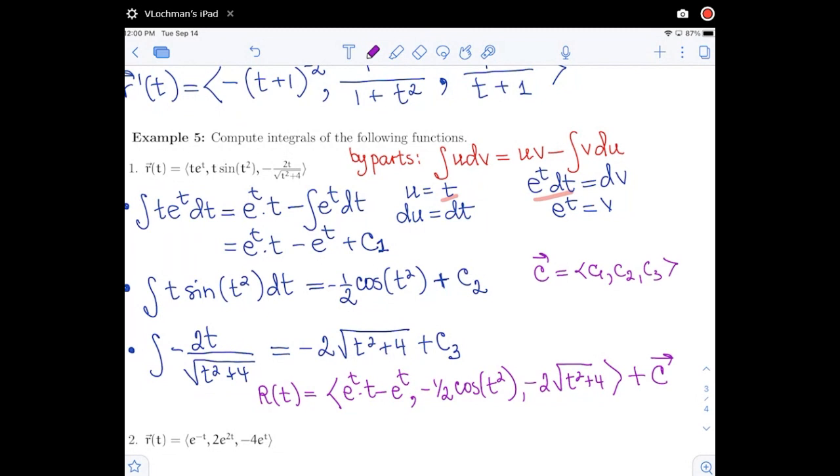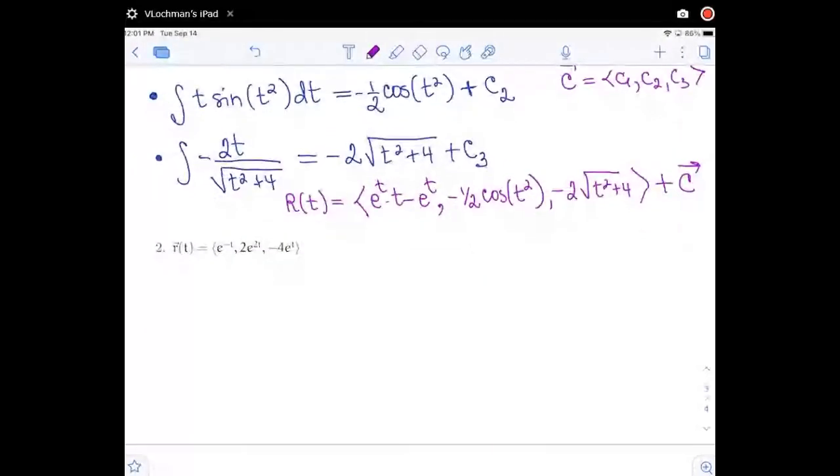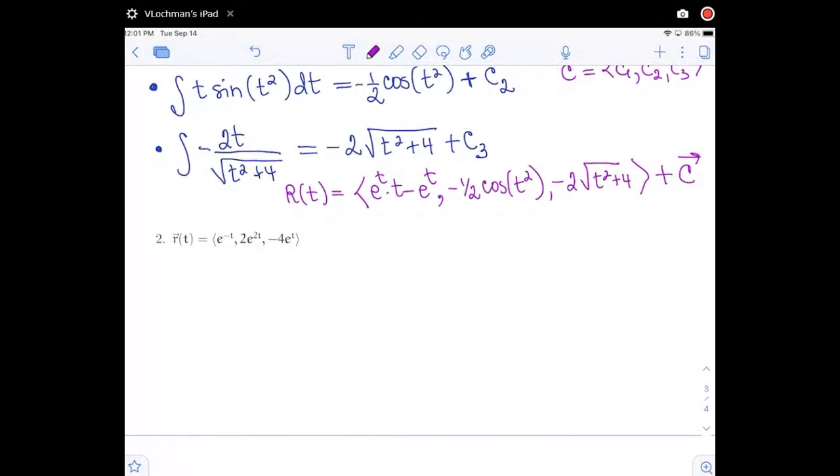Good, bad, indifferent? Pretty good, okay. Everything is clear about this particular problem? Move down. 1, integration by parts. 2, integration by u substitution. All good here? Okay, then let's move on to the next one.